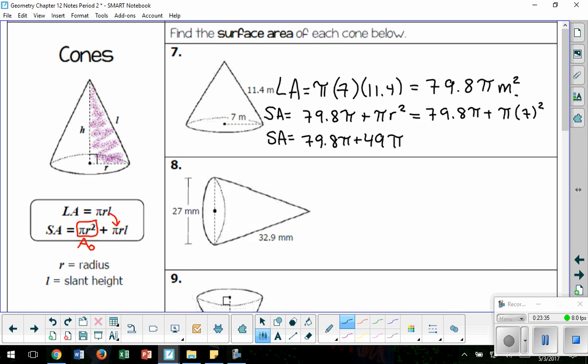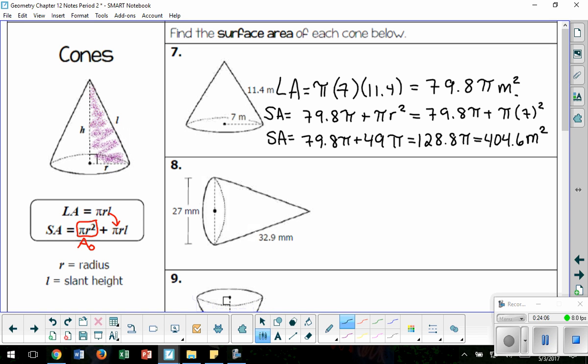Add the 79.8 plus 49. Correct. 128.8 pi. Now multiply that by pi. 404.63, so it's 404.63 meters squared.